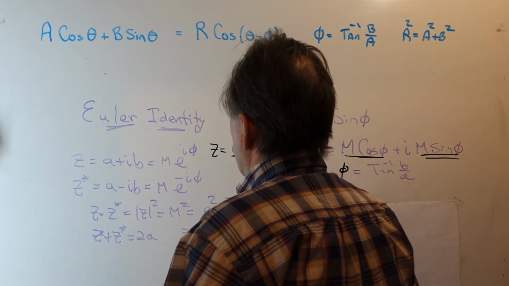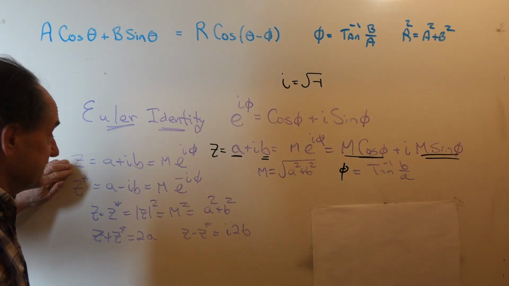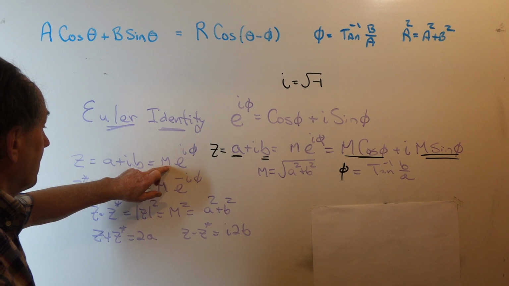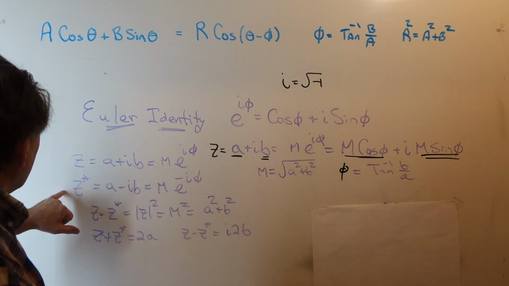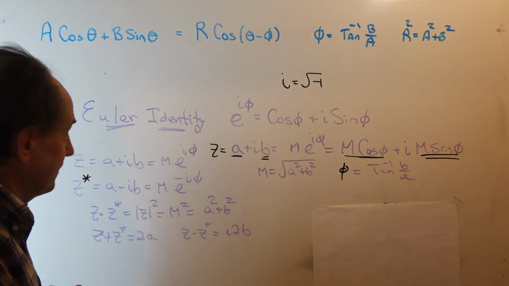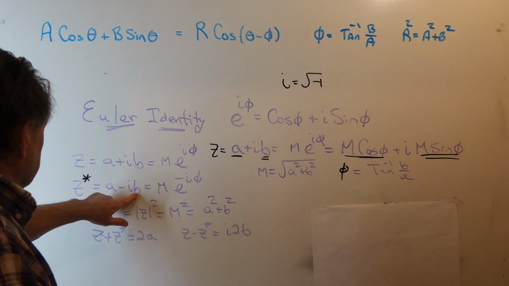Now, some other properties that we have, remember that if we have a complex number z, which is a plus ib, which we write in polar form as M e to the i phi, then the complex conjugate of z, and we denote complex conjugate by putting a star on top, is a minus ib.